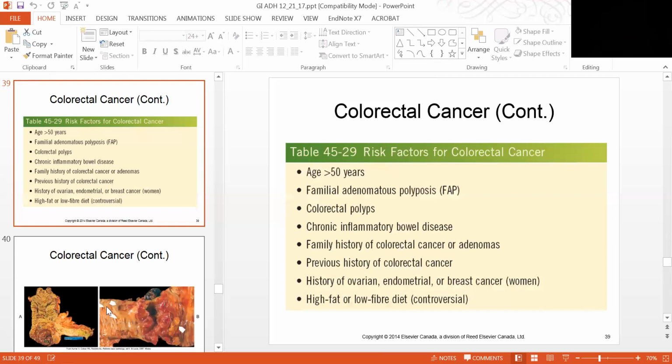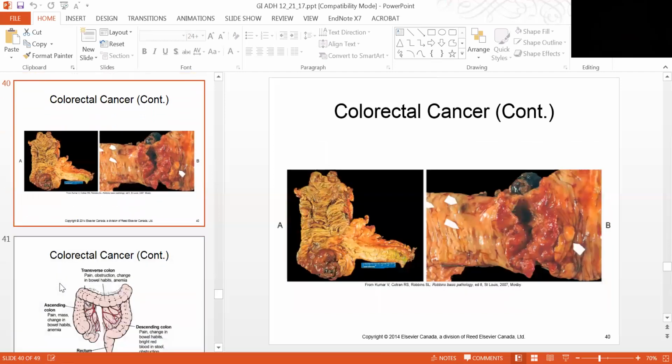Here are some more pictures of cancer. As you can see very clearly how destructive it is and how important it is to have early screening. You can see in this diagram here, these are gastric mucosal polyps. I think there's another polyp over here as well.